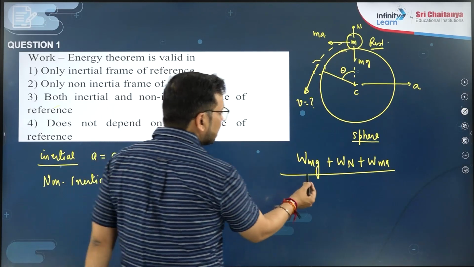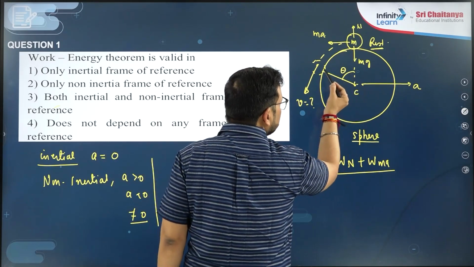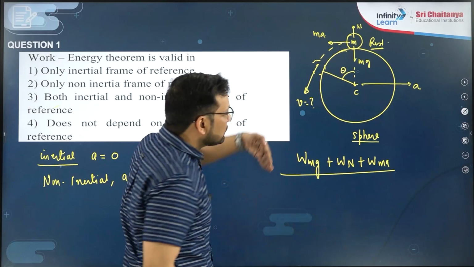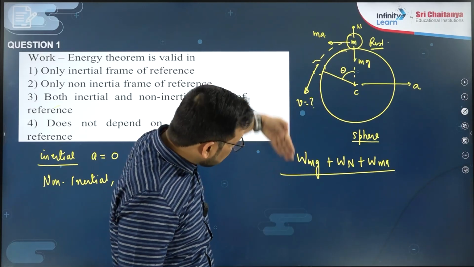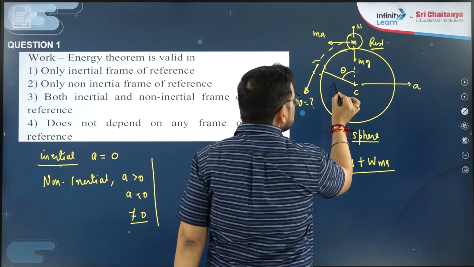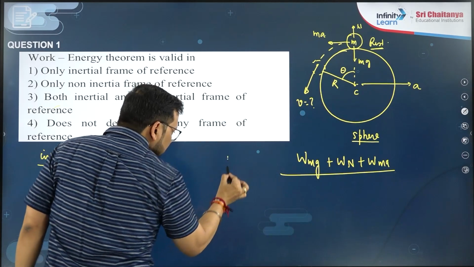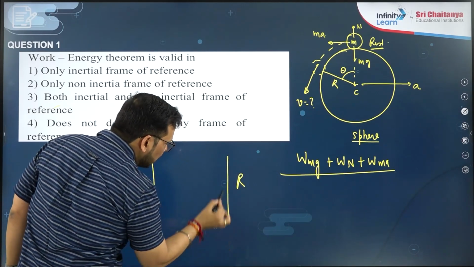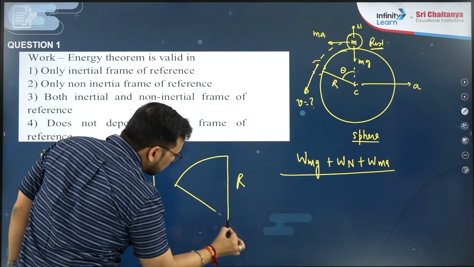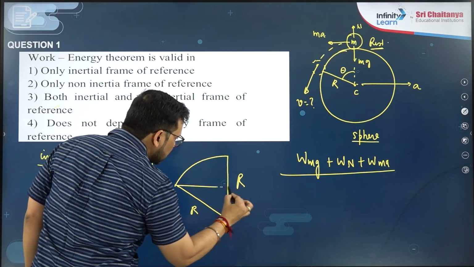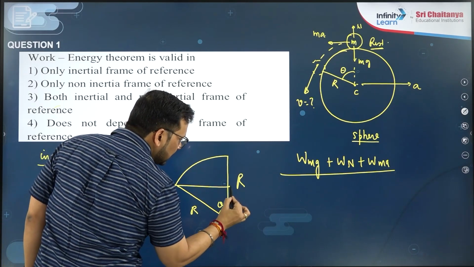So what is the work done by gravity in this question? Gravity is a vertical force, so we need the vertical displacement. If the radius is r, the initial radius was r, and the particle came up to here, so this radius is also r. The angle is theta.